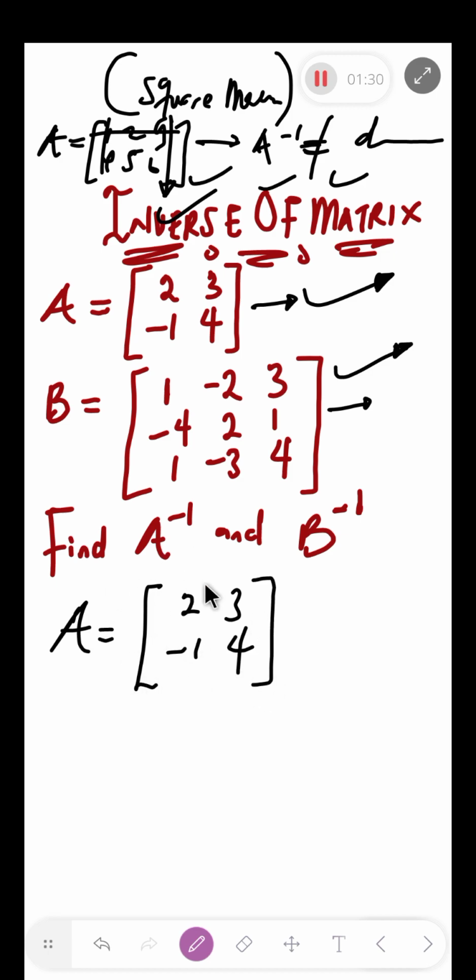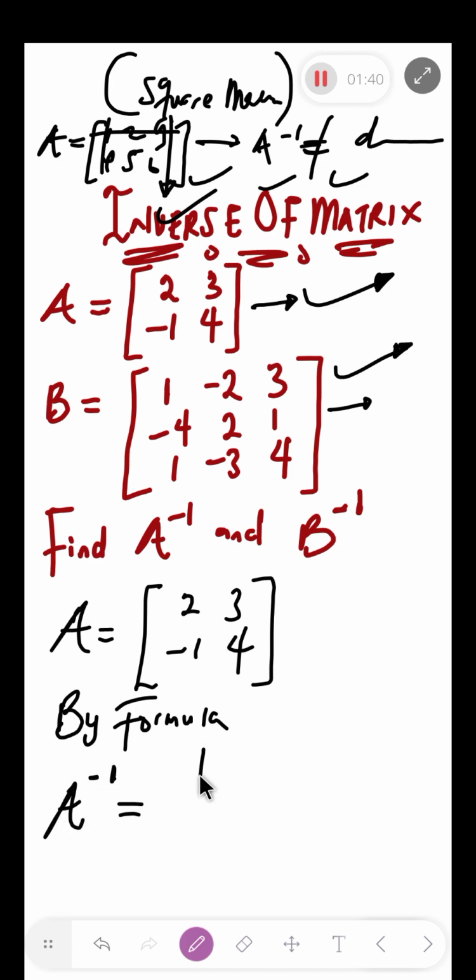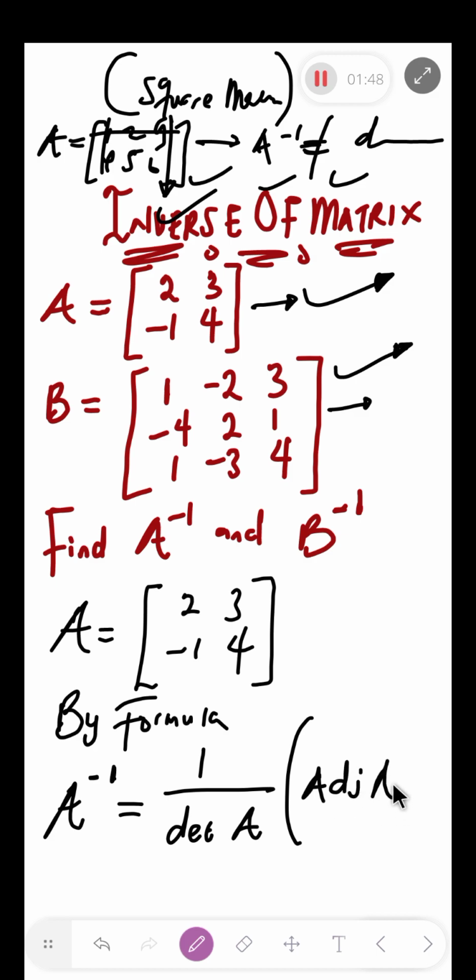If you want to find the inverse of this matrix, given A to be 2, 3, minus 1, 4, by formula, A inverse is always equal to 1 over the determinant of that matrix given to you times the adjoint of that matrix.